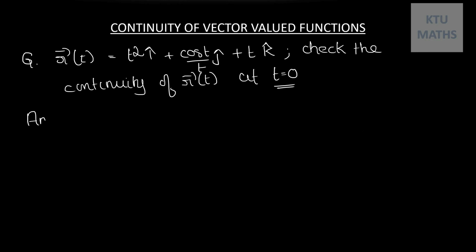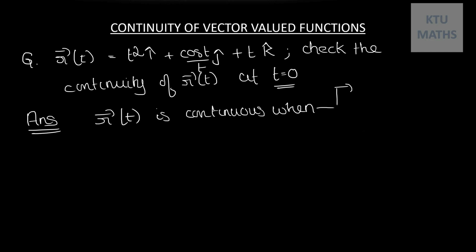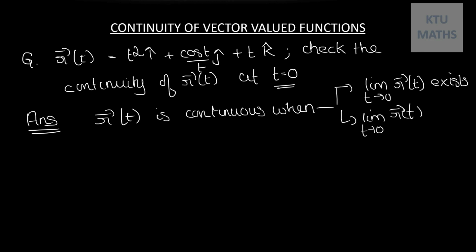We can write the answer now. Vector r(t) is continuous when limit t tends to 0 vector r(t) exists, and also limit t tends to 0 vector r(t) equal to vector r(0).